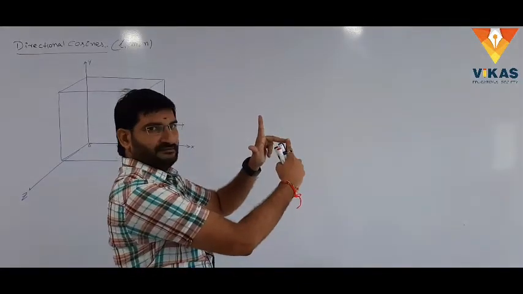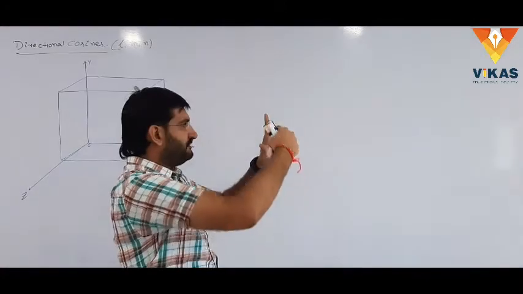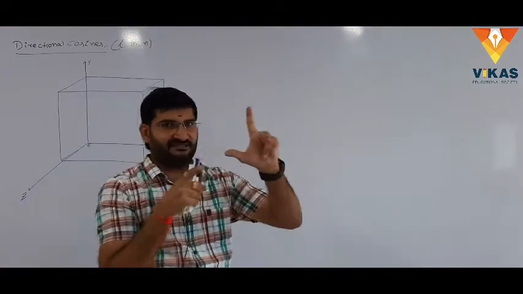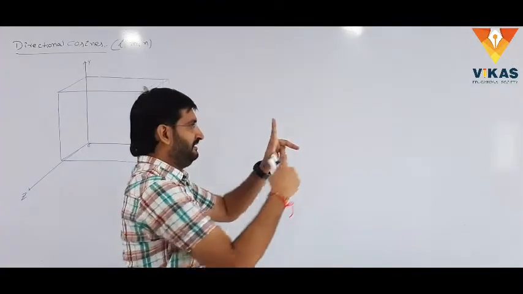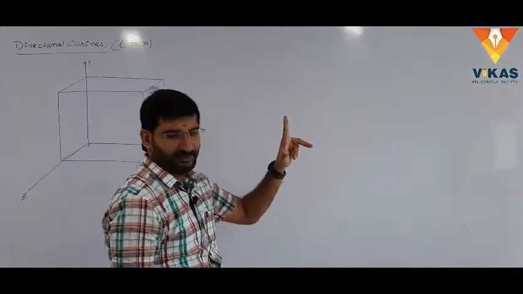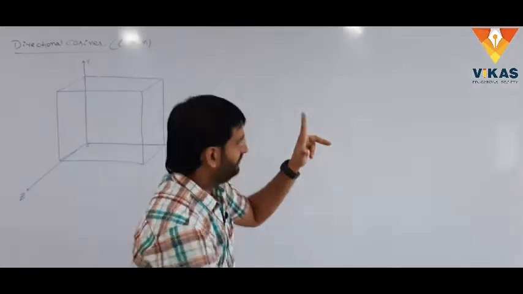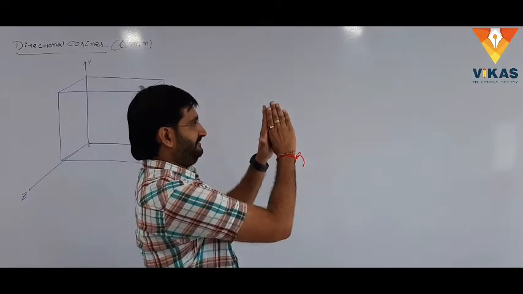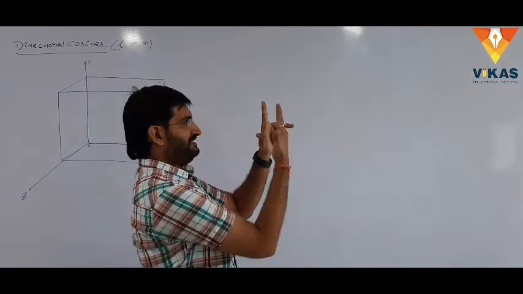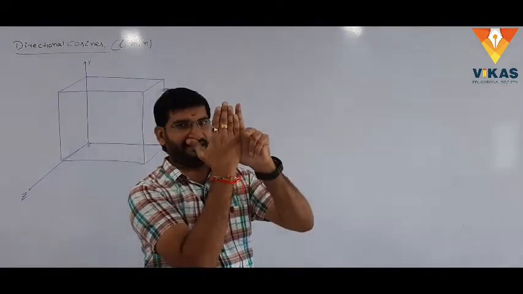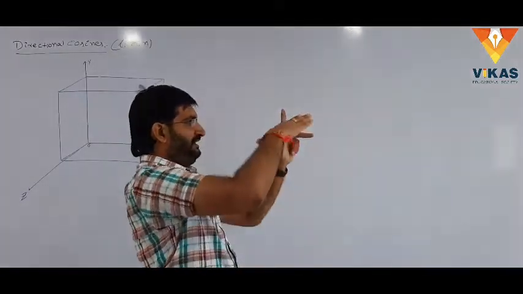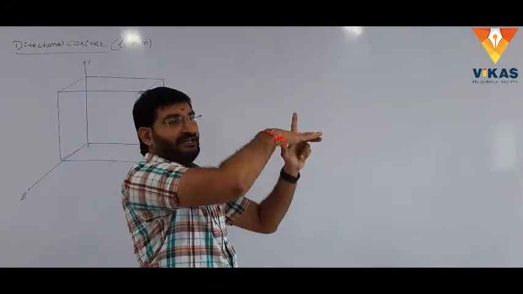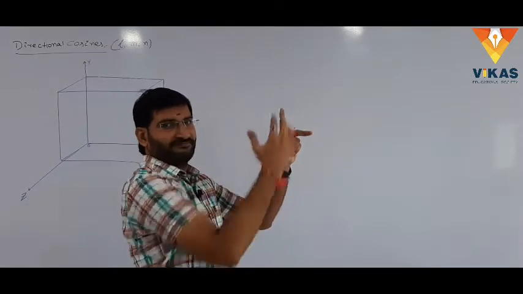This is the x-axis, this is the y-axis and this is the z-axis. These three axes are mutually perpendicular. Therefore, the plane which lies in this one is the xy plane. The plane in yz is the yz plane. The plane lying in x and z is the xz plane. This is the three-dimensional concept.